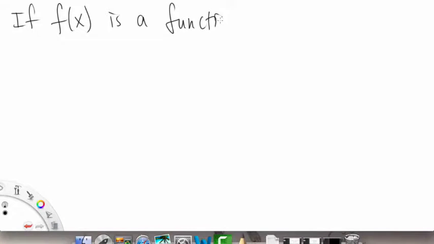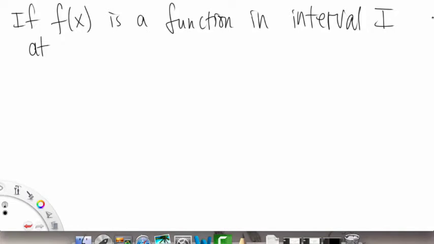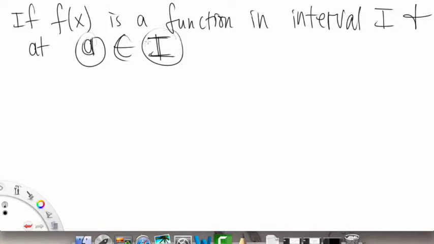So let's say we have a function f of x in some interval, we're just going to call it I, and A is in I. So this point A is an x value in the interval, which is given by a range of x values.